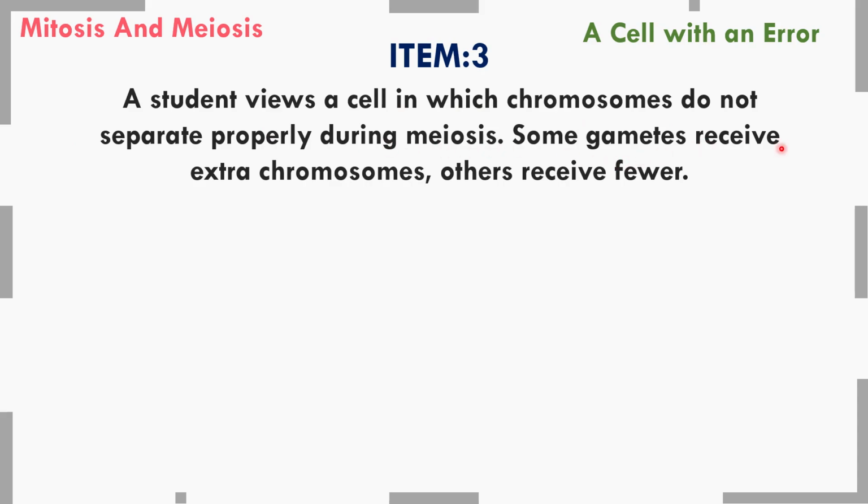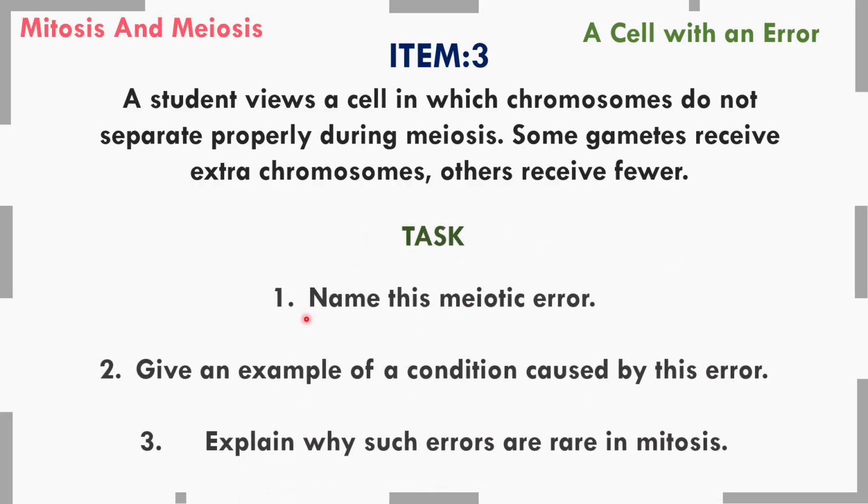Some gametes receive an extra chromosome, others receive fewer. Task: name this meiotic error. Give an example of a condition caused by this error. Explain why such errors are rare in mitosis.